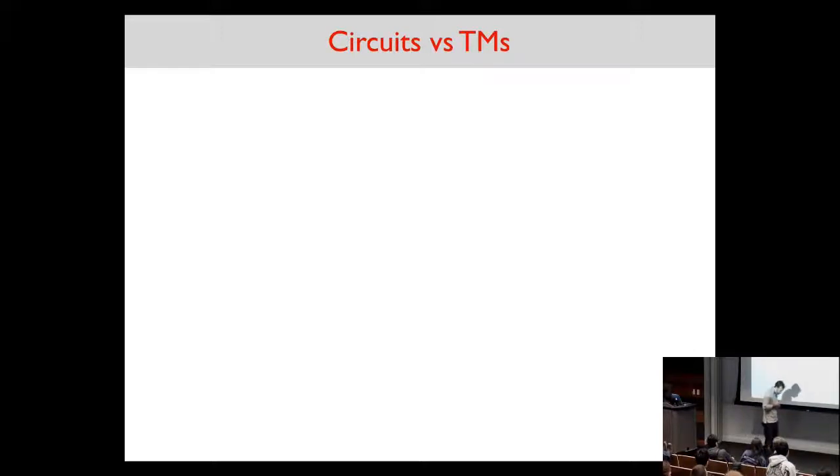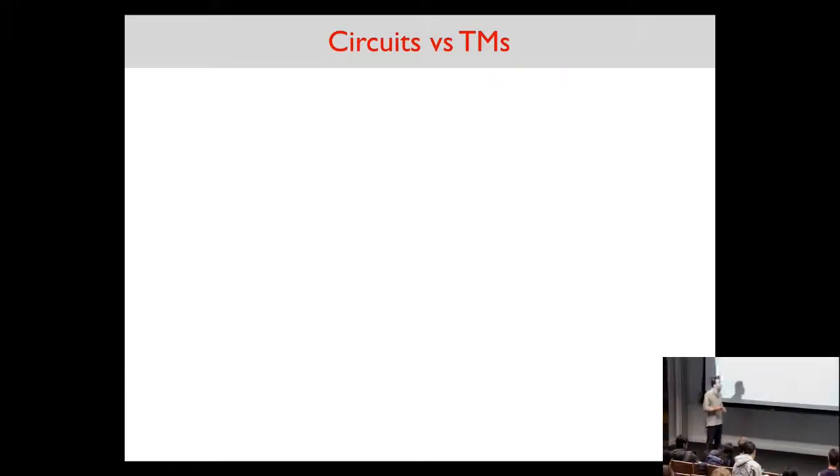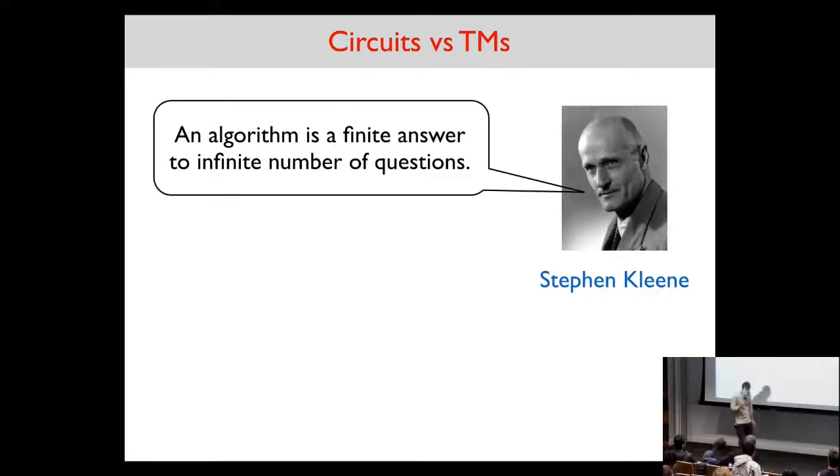So what is the crucial difference now? If we define circuits in this way, what's the crucial difference between circuits and Turing machines? If you recall this quote by Stephen Kleene, who said, an algorithm is a finite answer to an infinite number of questions.